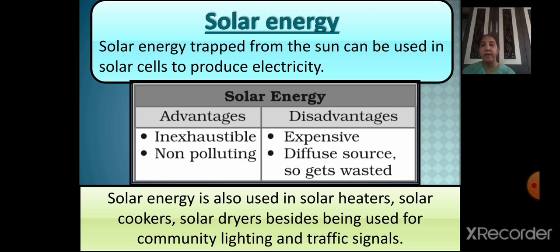Diffuse means it is spread over a large area, so that is the reason the source gets wasted. Solar energy is also used in solar heaters, solar cookers, solar dryers, besides being used for community lighting and traffic signals.